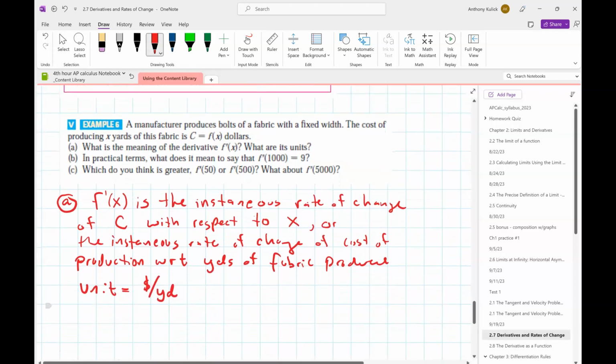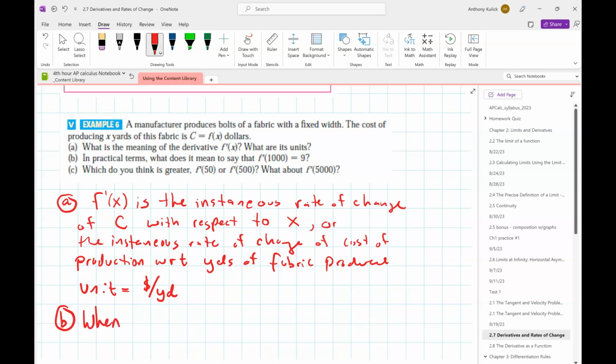In practical terms, what does it mean to say f prime of 1,000 equals 9? Cost of 1,000 yards of fabric is $9. Not quite.